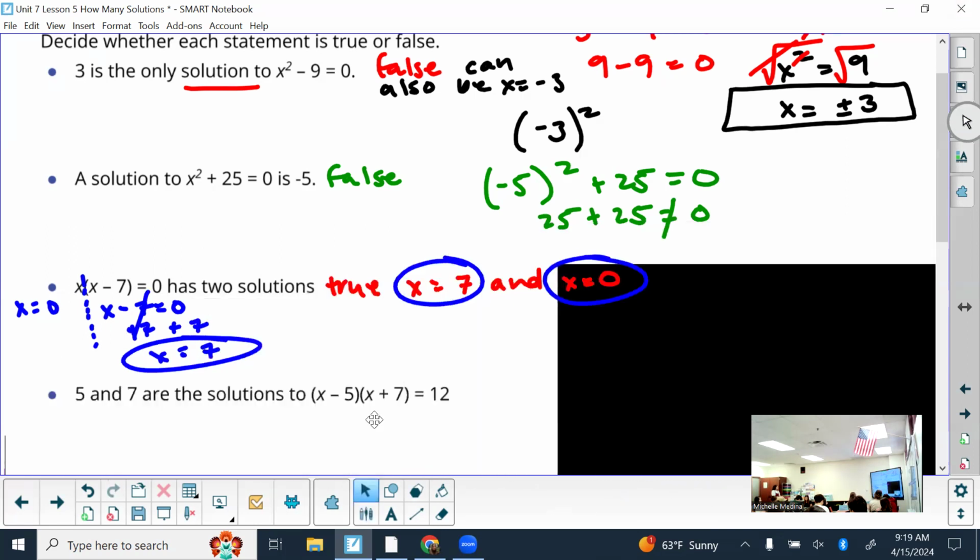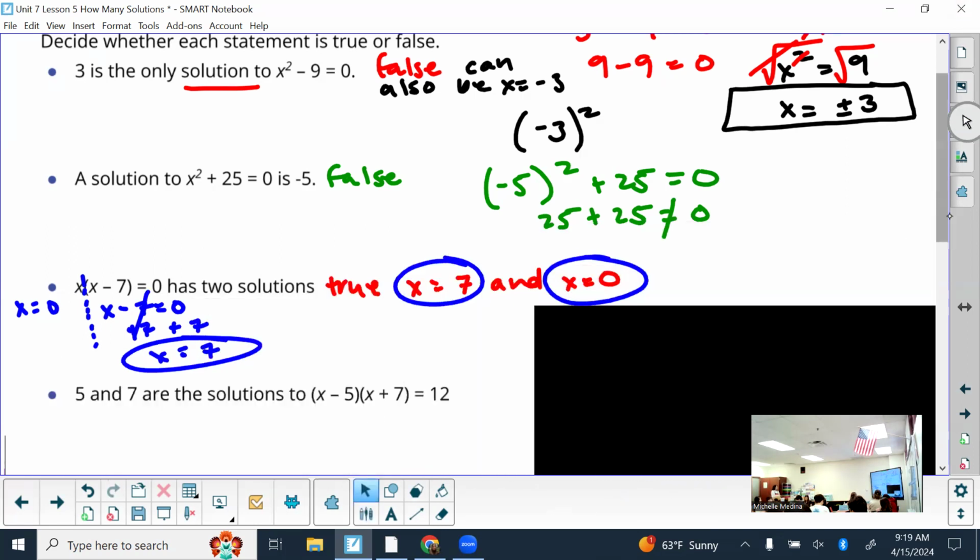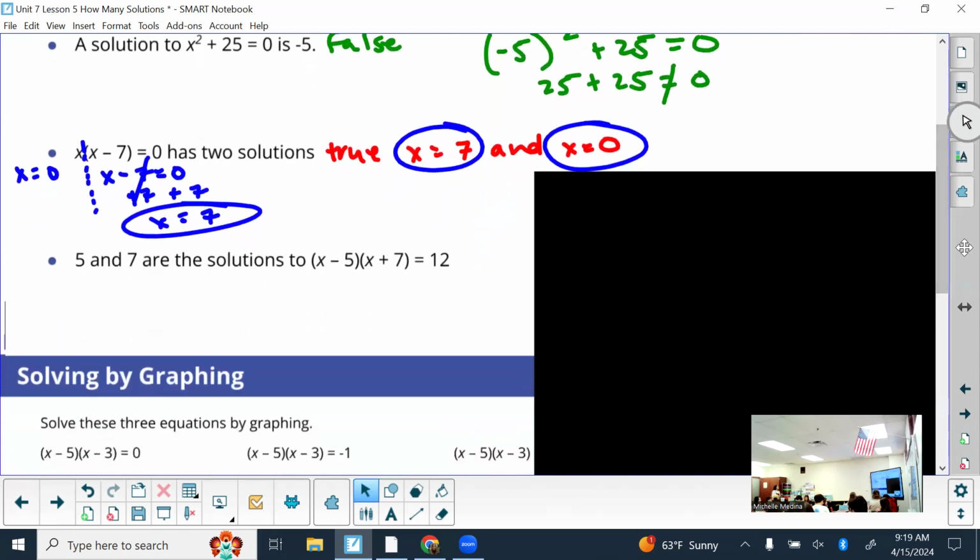Last one for the warm up. 5 and 7 are the solutions to x minus 5 times x plus 7 equals 12, which is almost anything you know. True or false, are these the solutions? I'm not sure.